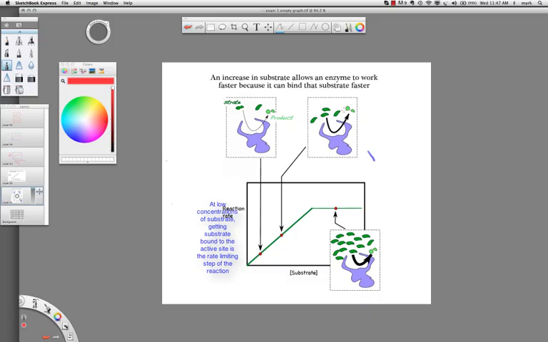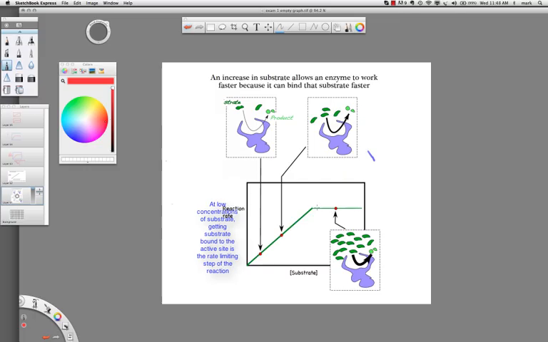And the more substrate that's around, the faster it can find it, the faster it can get it in its active site, the faster it can turn it into product. And what's limiting the rate of the reaction is its ability to get that substrate into the active site. And we can see that that's true because when you increase the amount of substrate, the enzyme reaction is faster.